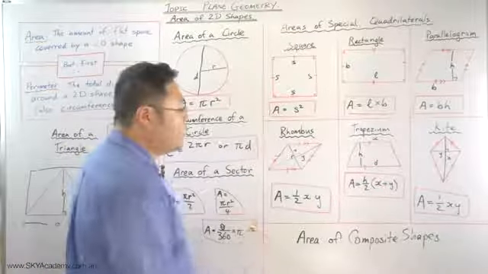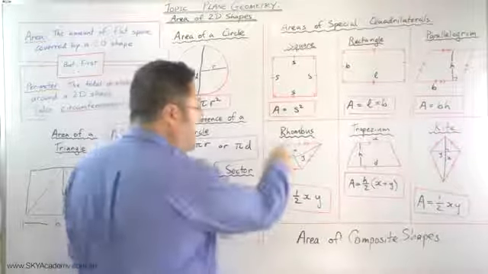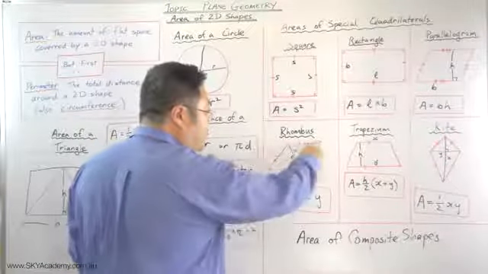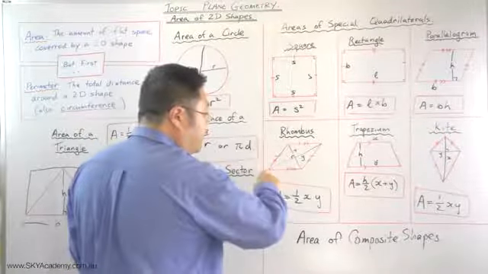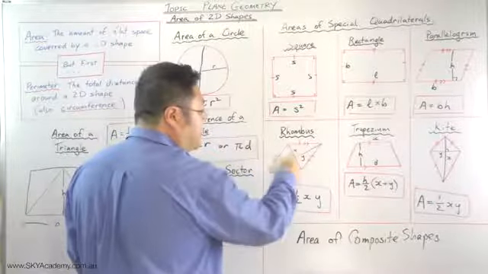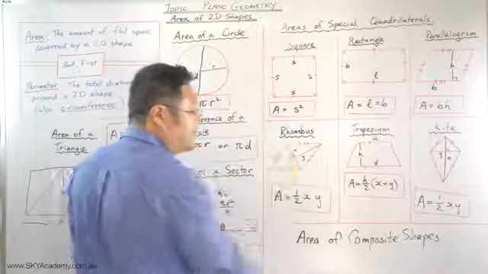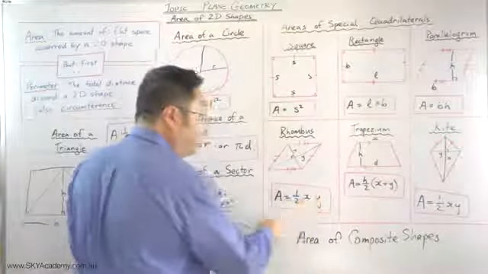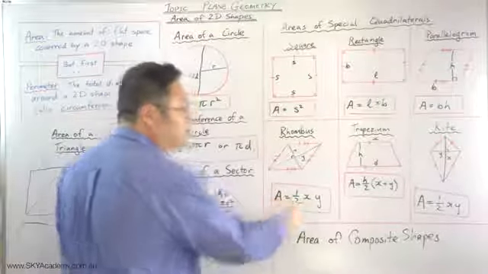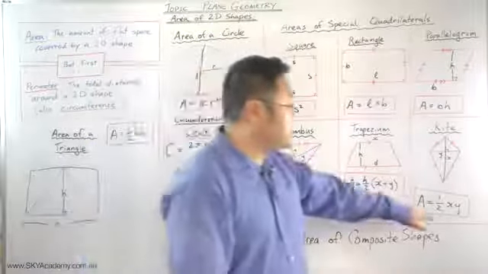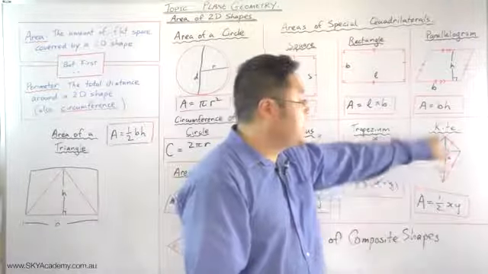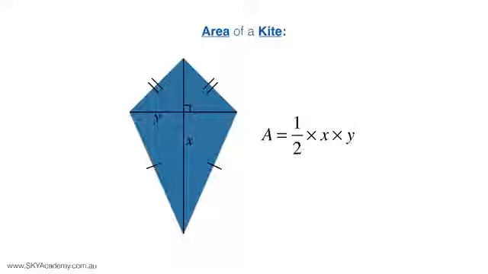You can work that out later if you really want to, but if your two diagonals are x and y, so y being the distance from one tip to the other tip of the rhombus, and the other tip to the other tip, that distance is x, the area of a rhombus is half xy. And the same will be the case for a kite, all right? From one tip to the other tip is your x, one tip to the other tip is your y, half xy is the area of the kite.